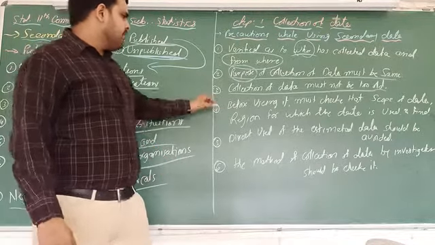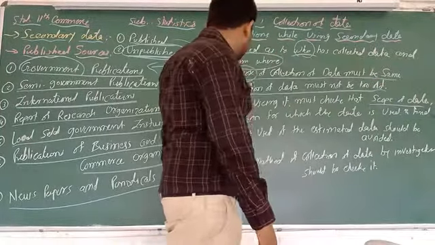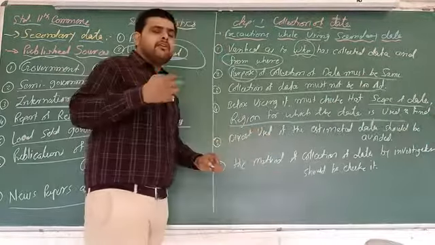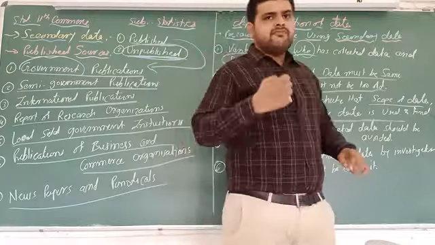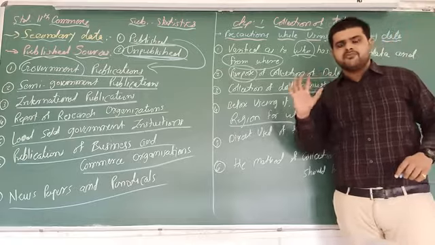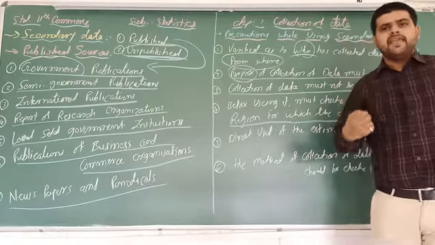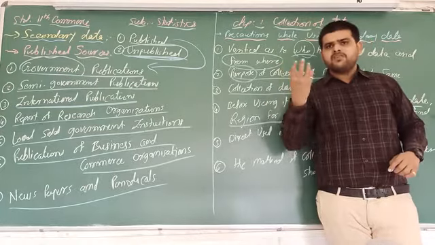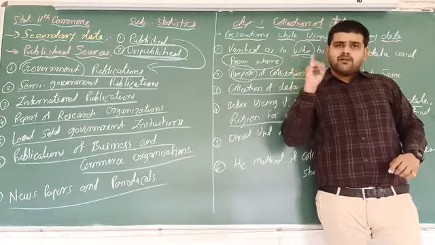Next, number 4, before using it, we must check the scope of the data, the reason for which the data is used. For example, we are doing a study only in Gujarat, the financial condition of the banking sector of Gujarat. We are taking 5 banks, but the scope of the secondary data is all over India.